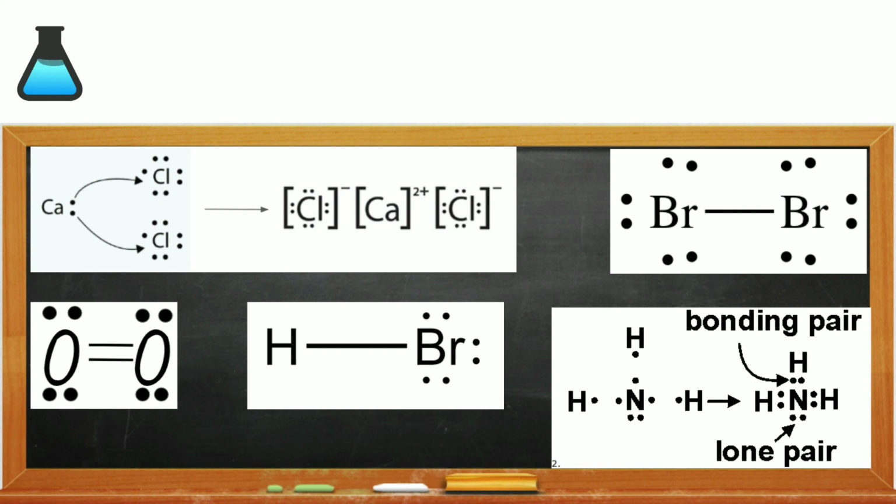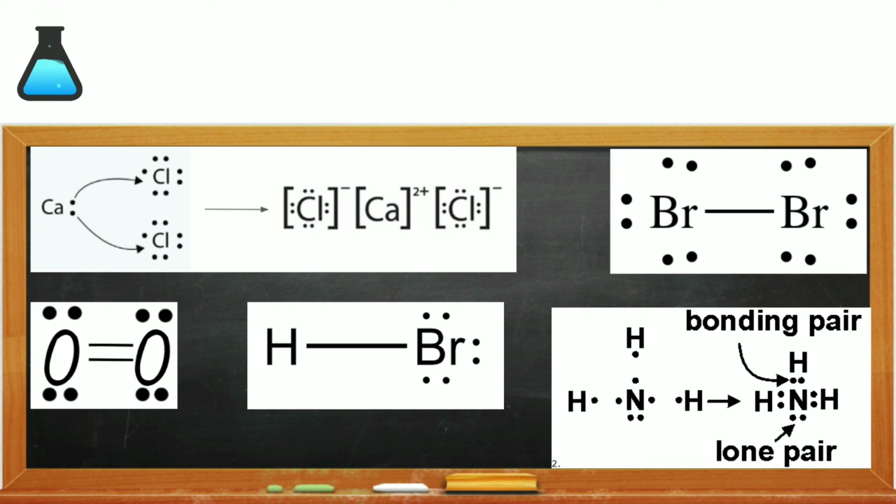Next, we have the diatomic element bromine. Bromine is perfectly symmetric. When we apply the acronym SNAP, we can see that bromine will be symmetric and nonpolar. The same is true for diatomic oxygen.